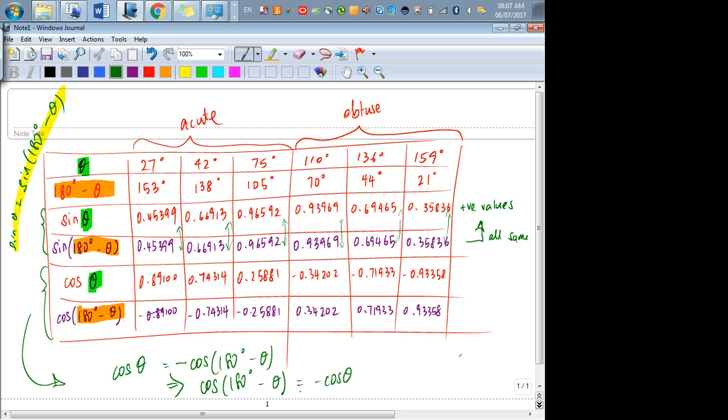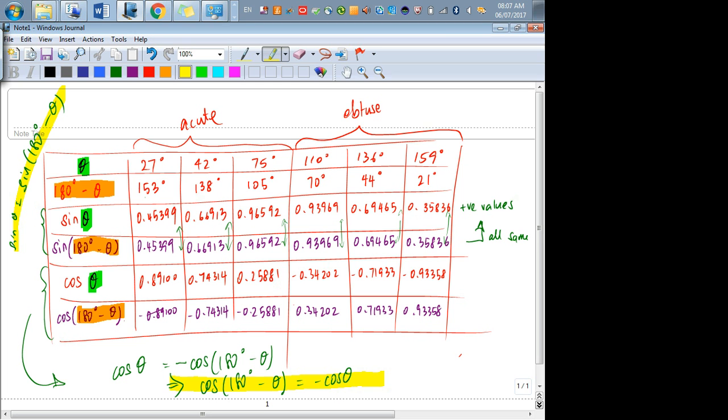Okay? Yes, you must put a negative, otherwise your answer will be wrong. You notice from your table, the values are all in opposite sign. That is why we need the negative. Okay? So if you flip with me to the next page of your textbook, page 38, we have what is highlighted in the box, same as what I've just highlighted.